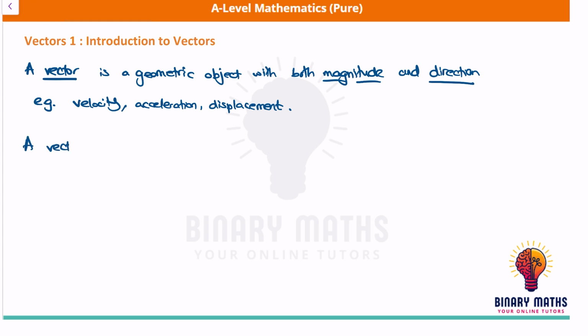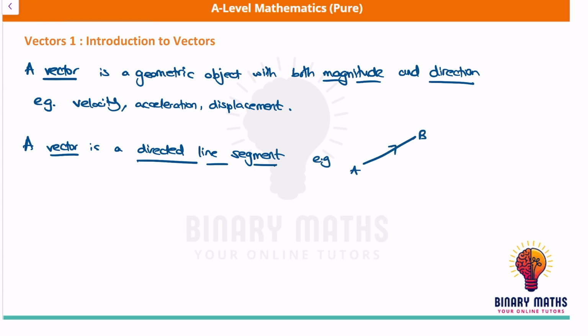A vector is also a directed line segment. E.g., you can have a line going from A to B, labeled as little a.